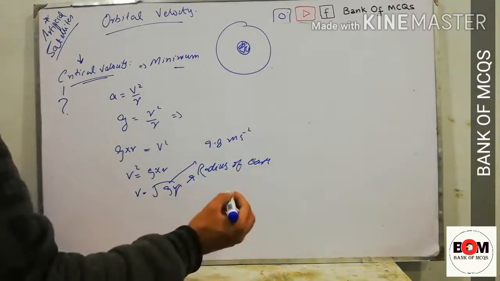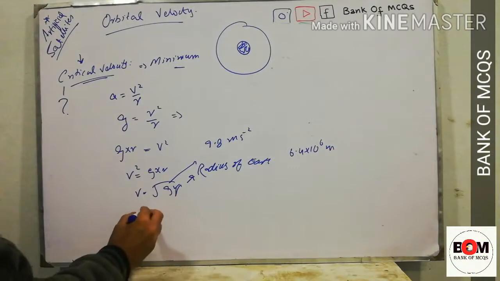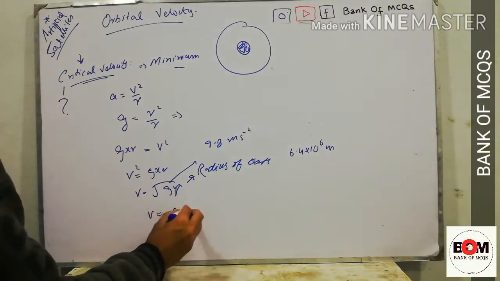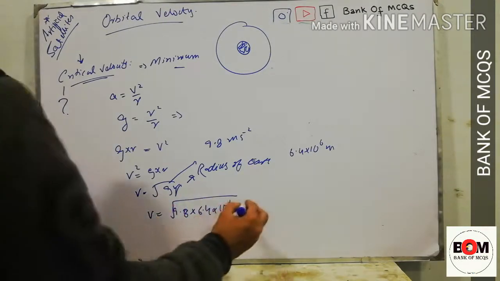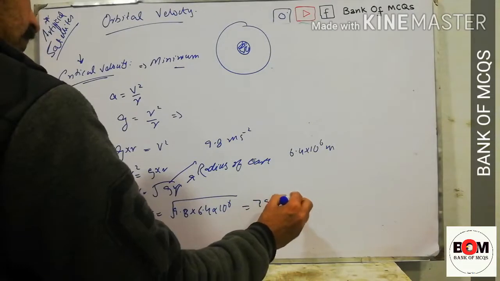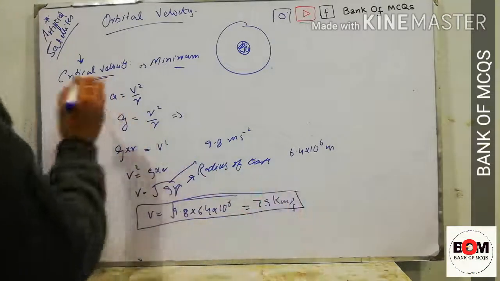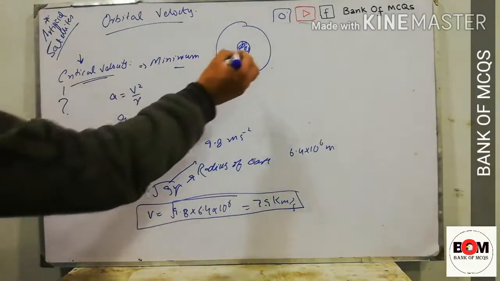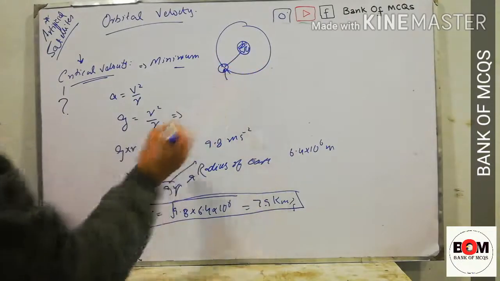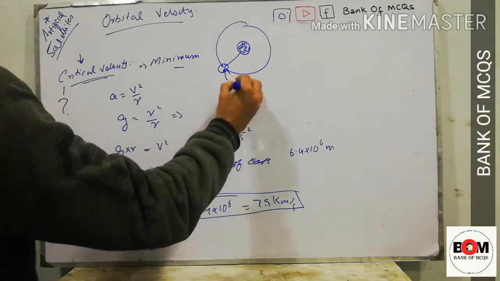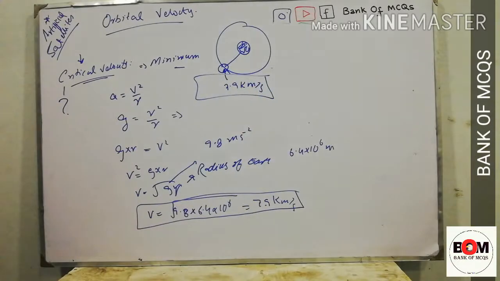The radius of earth is 6.4 multiplied by 10 raised to power 6 meter. Putting these values, under root 9.8 multiplied by 6.4 multiplied by 10 raised to power 6, we get 7.9 kilometer per second. So 7.9 kilometer per second is the critical velocity to put a satellite into its orbit for earth. So remember this point always.